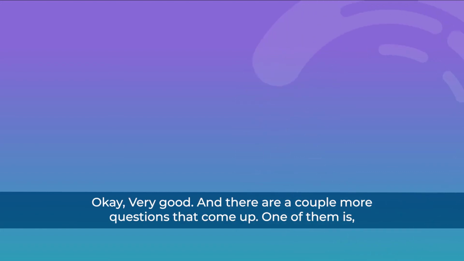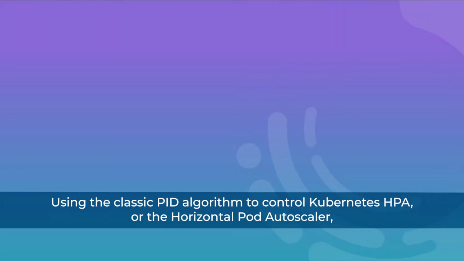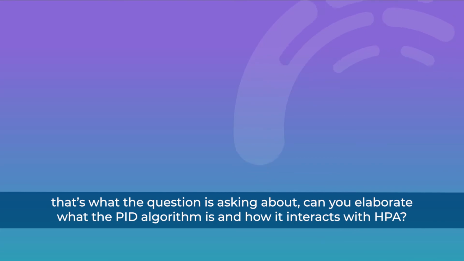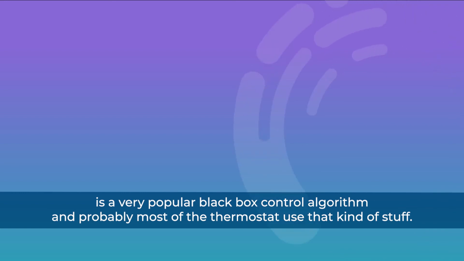Okay, very good. And there are a couple more questions that have come up. One of them is about the classic PID algorithm that you mentioned earlier. The question is about using the classic PID algorithm to control Kubernetes HPA, the horizontal pod autoscaler. Can you elaborate on what the PID algorithm is and how it interacts with the HPA? Oh, the PID algorithm, or proportional, integral, and differential, is a very popular black box control algorithm, and probably most thermostats use that kind of thing.